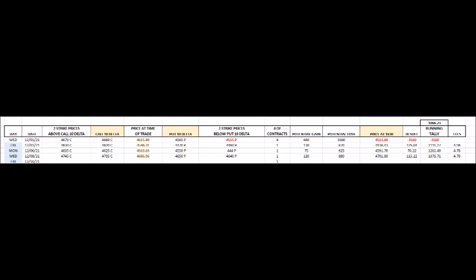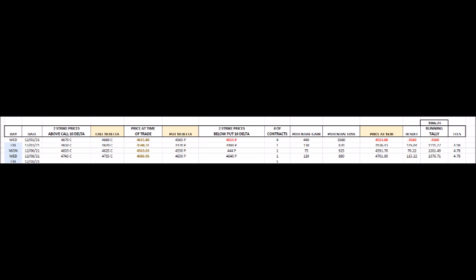So we earned a total of $310.48 so far. Now we started with $1,066.23 in our account, and we now have a balance of $1,376.71 after 3 trades.